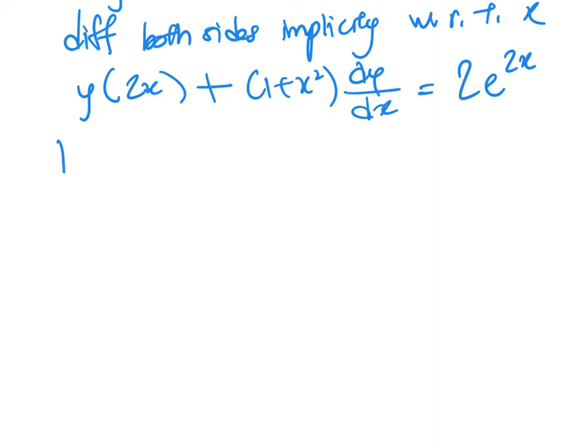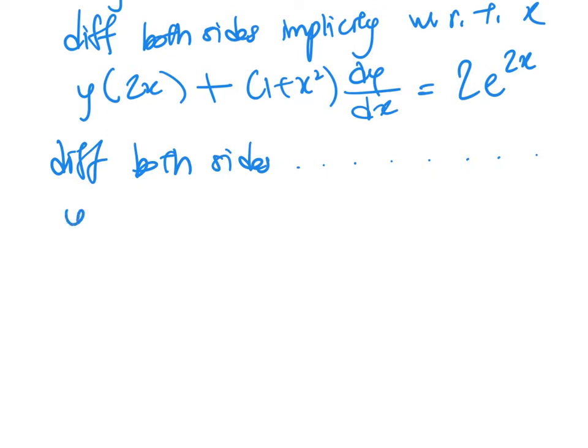Okay, now we need to differentiate this further. So we're going to differentiate both sides with respect to x. You know what to write. Okay, so the first term y times 2x, differentiate this again.